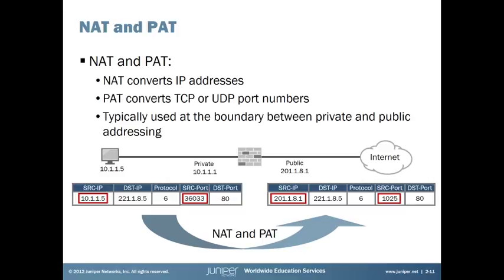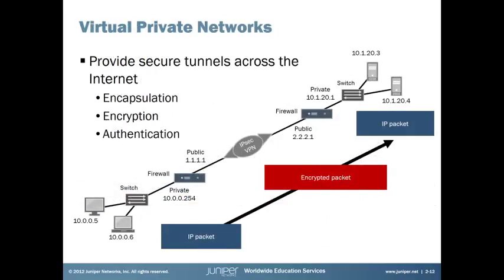Most commonly, we translate that into a public source address so that traffic can be forwarded out onto the public internet. So NAT converts IP addresses, PAT converts TCP and UDP port numbers, typically used at the boundary between the private and the public networks, as we know. So that's generally the firewall function as well.